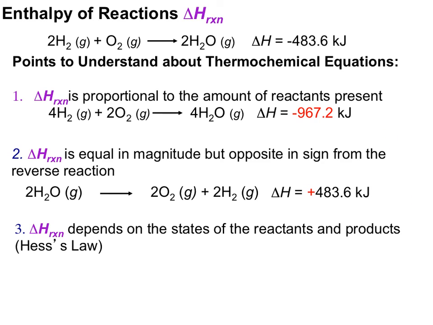Now, delta H of reaction also depends on the states of the reactants and the products. And this concept is going to become extremely important when we're doing Hess's law calculations, which will be looked at in our next presentation. So remember, enthalpy basically is a measurement that allows us to quantify heat flow.